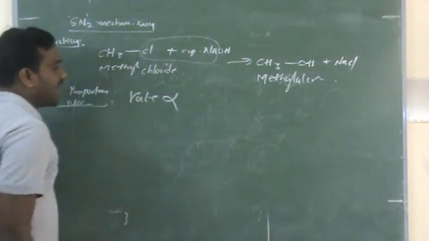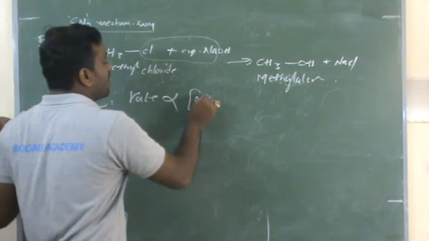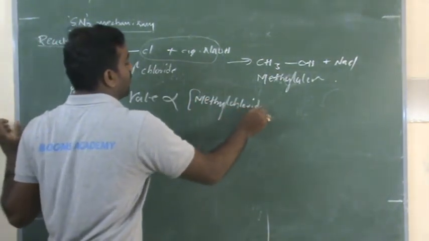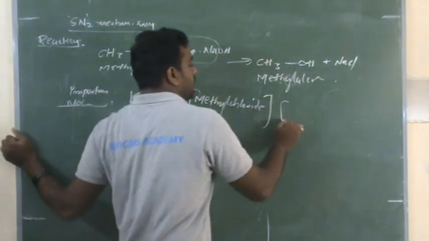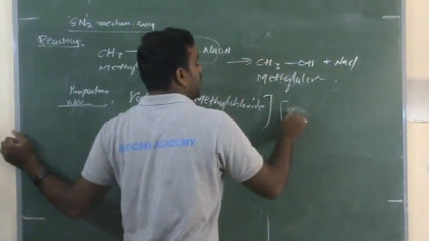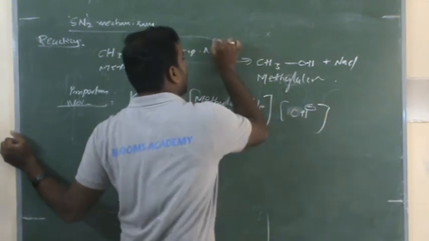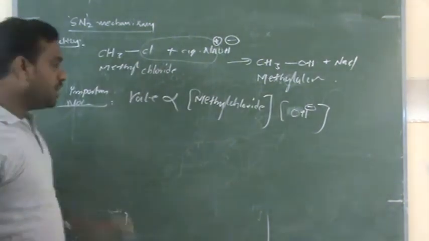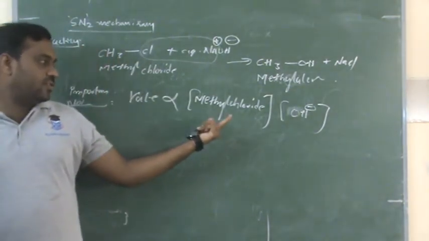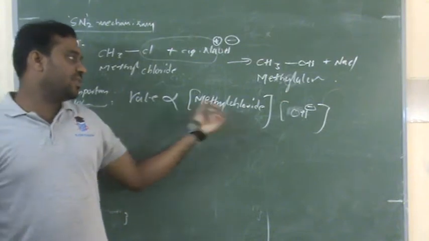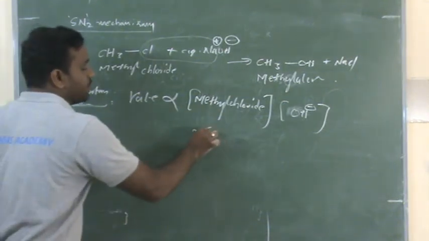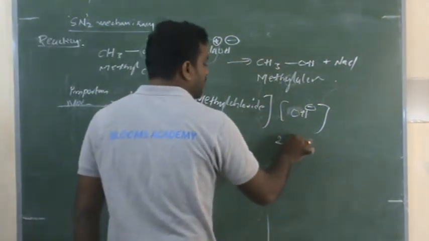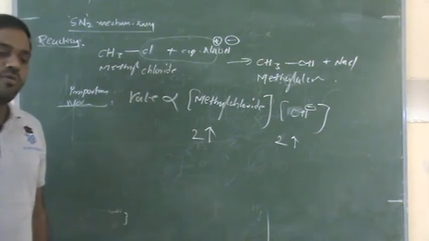This rate is directly proportional to the concentration of methyl chloride and also the concentration of the nucleophile. Which nucleophile do we have here? OH minus is the nucleophile, from Na plus and OH minus. What is the meaning of this? Suppose I increase the concentration of methyl chloride by 2 times and the nucleophile 2 times.